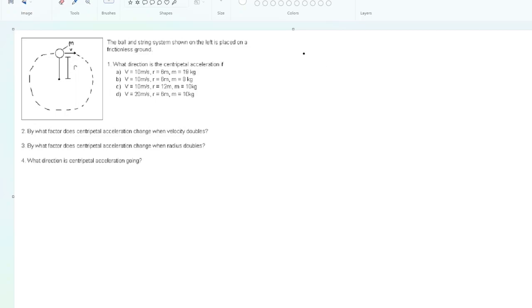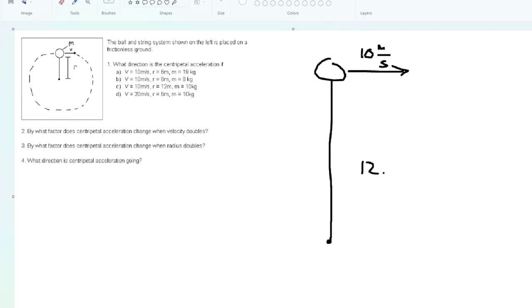Okay, what about C? The velocity of the ball is still 10 meters per second, but now the radius is 12 meters. The mass is going to be 10 kilograms, which, if we're just finding centripetal acceleration, is going to be unnecessary to keep.